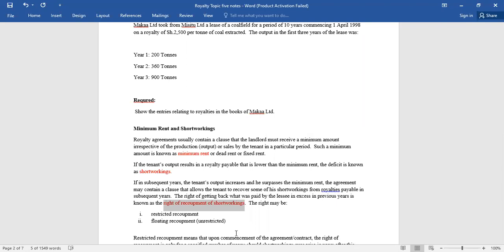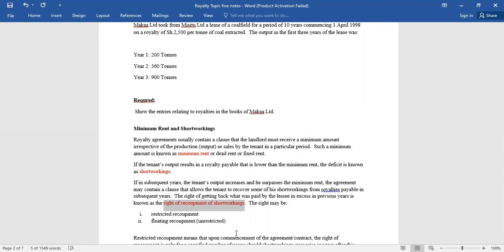Now, a situation occurs when we are unable to recoup. Let's say we are under the restricted recoupment. For the previous illustration that we had, let's say we were restricted to 2 years. So we have year 1, year 2. Year 1, we produced 200. Year 2, we produced 360. Year 3, we produced 900.